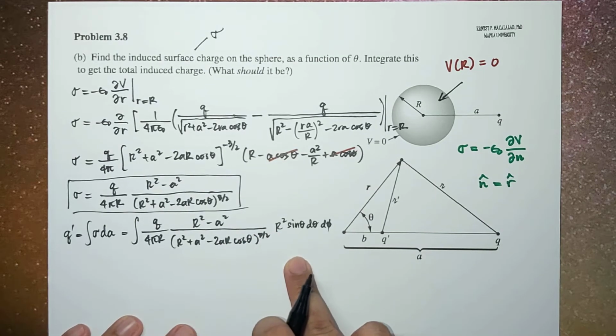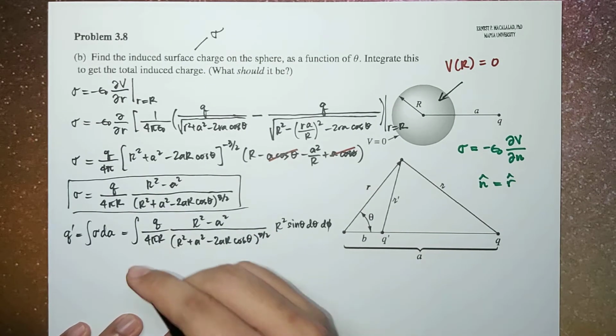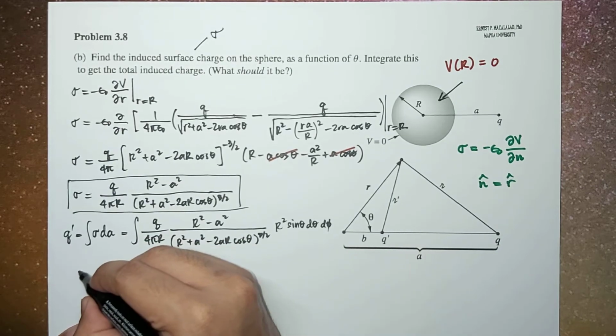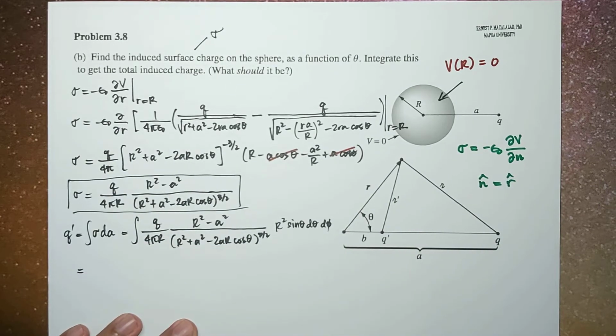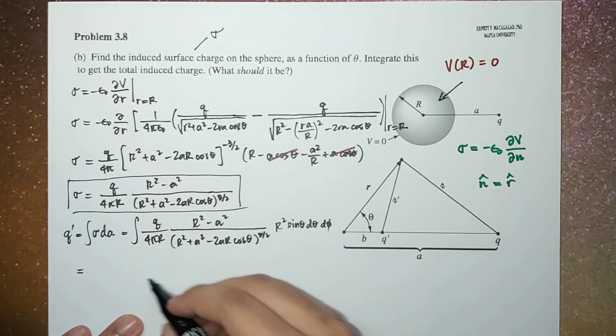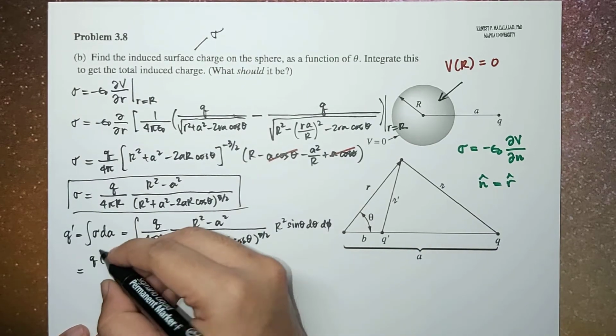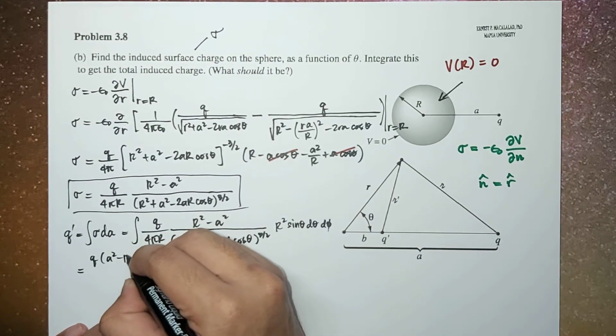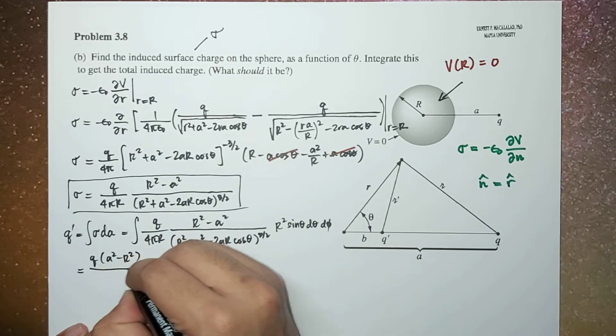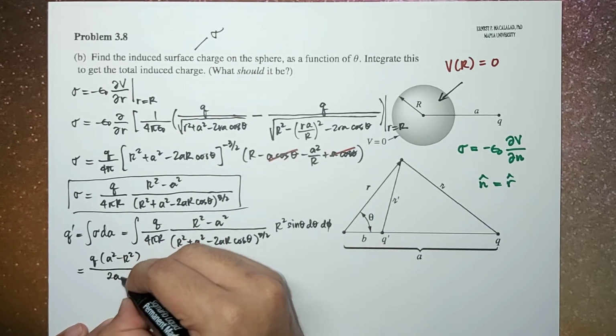So the end result here will be equal to q times a squared minus R squared divided by 2a.